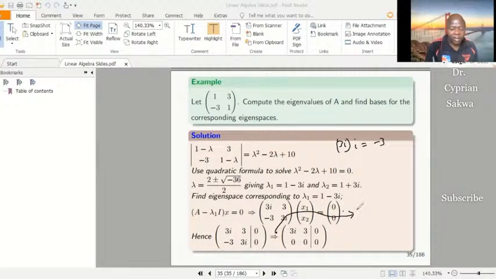So what is the step? The step is take row 2 minus row 1 multiplied by i. So this one times i will be negative 3, and this negative 3 minus 3 gives me 0.